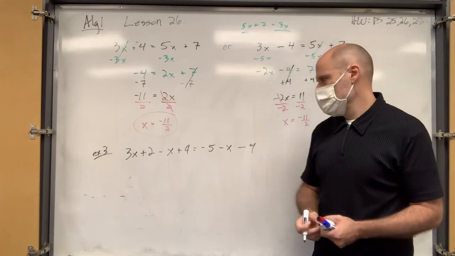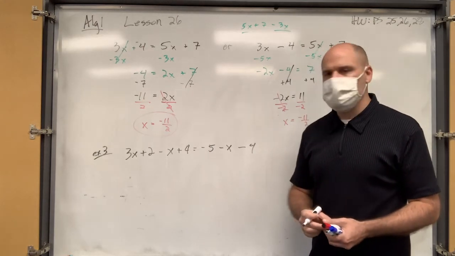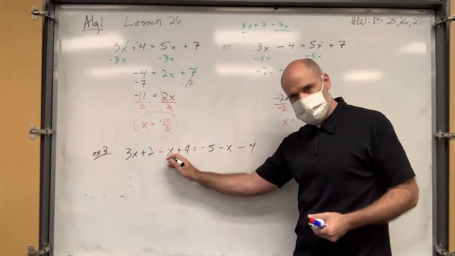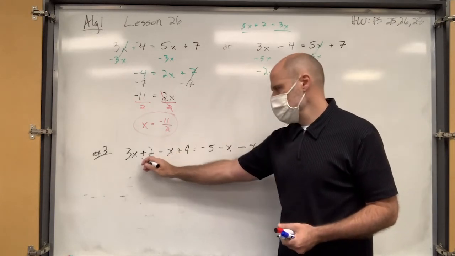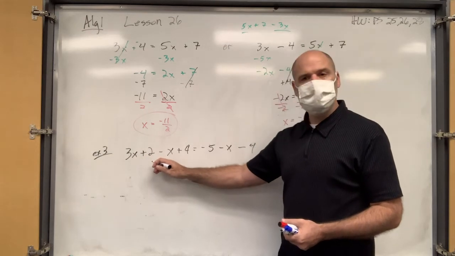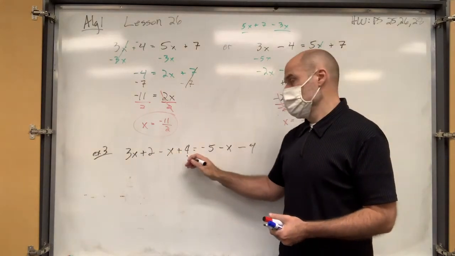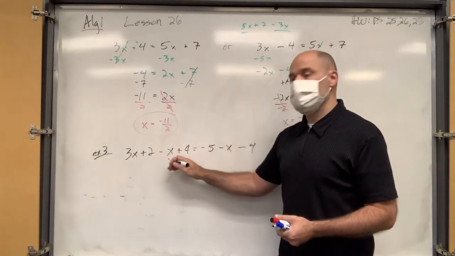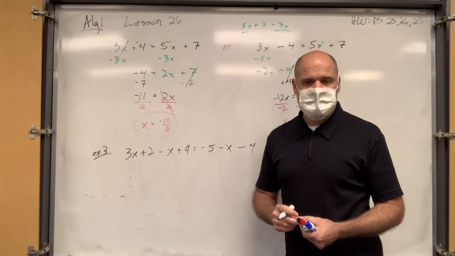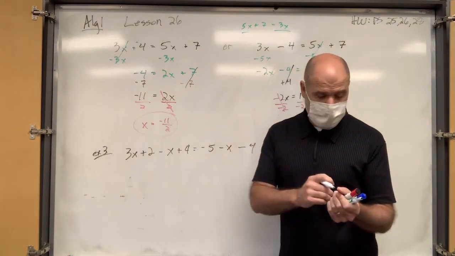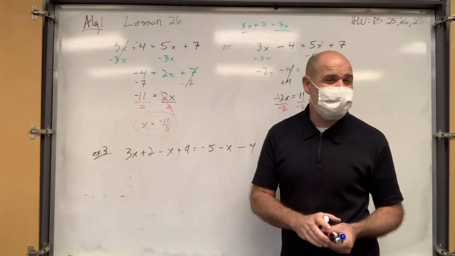4x plus 6. Okay, not 4x though, because what's happening with this x? Not 4x. So we have 3x minus x, so 3x minus x is 2x. And 2 plus 4 is 6. 2x plus 6. Okay? So doing it in your head could be confusing.